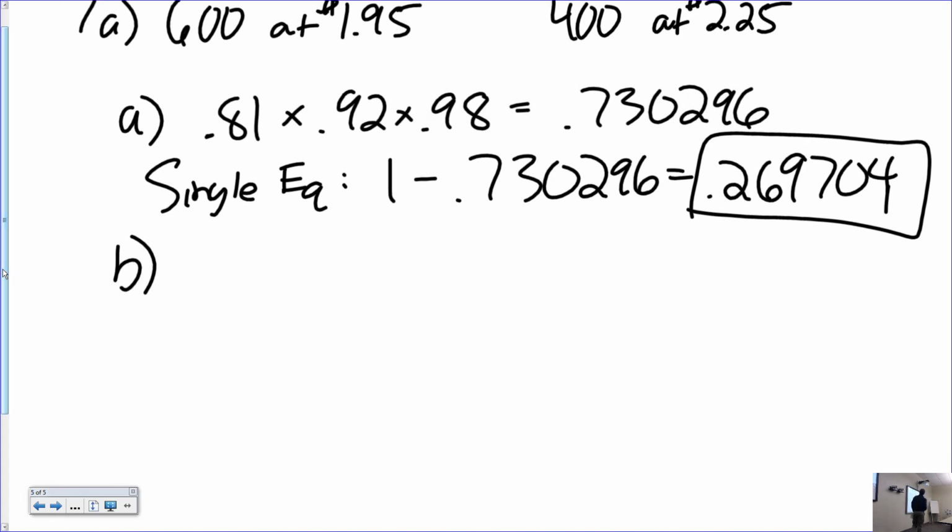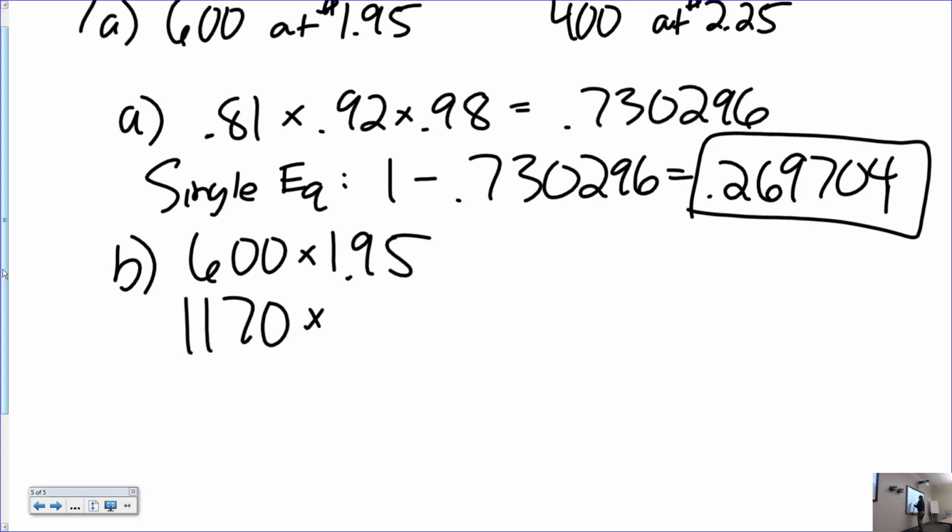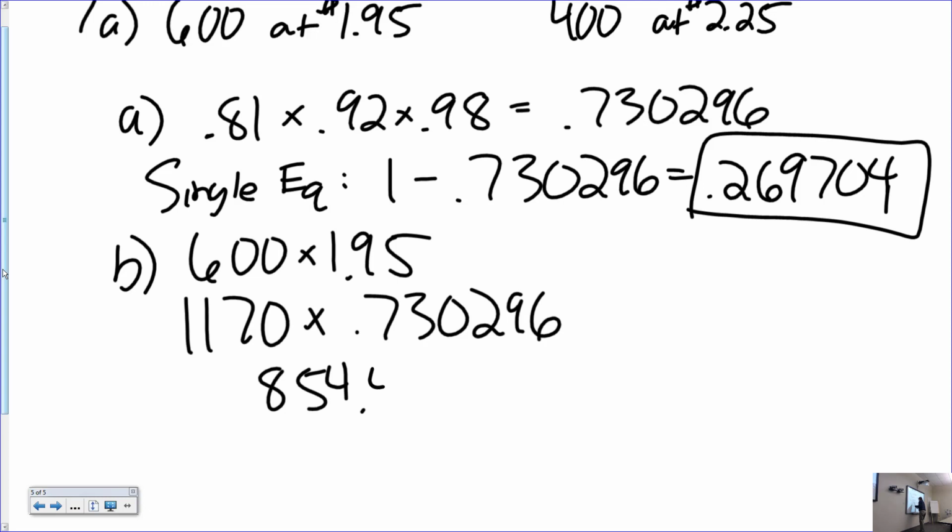For part B, I said find the net price. Finding the net price, folks, that's just multiply the number of items times the price, and then multiply by your net price equivalent, right? So 600 times 1.95, that's the 1170, right? 0.730296. $854.45 for the one side.